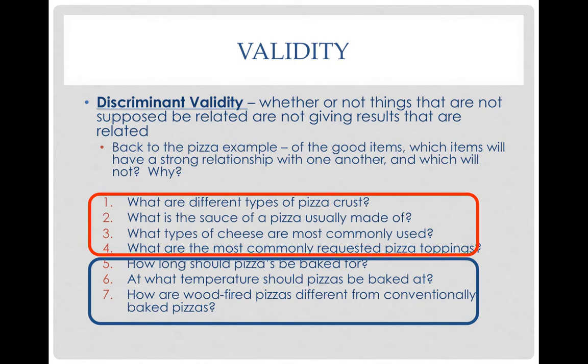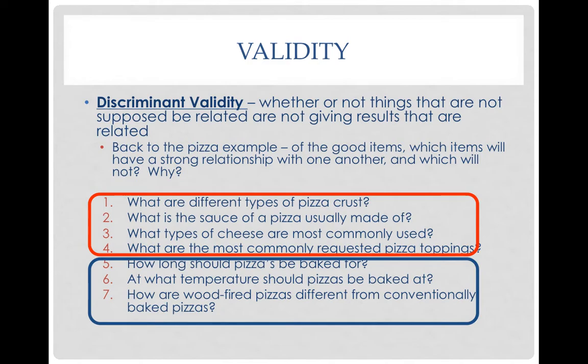Doesn't necessarily relate to the baking. Unless you spend time baking, you may not know a lot about it. So in other words, a young child who eats pizza all the time but just has it served to them might score well on 1 through 4, but on the second subconstruct about baking pizza, they would probably score a little bit lower. And in general, this is the pattern we would look for.